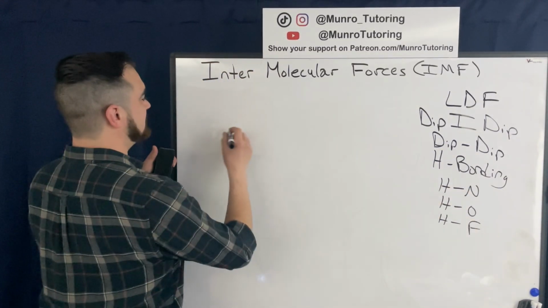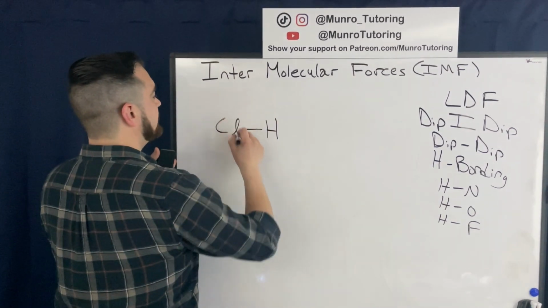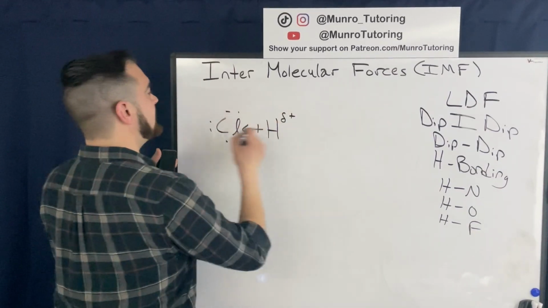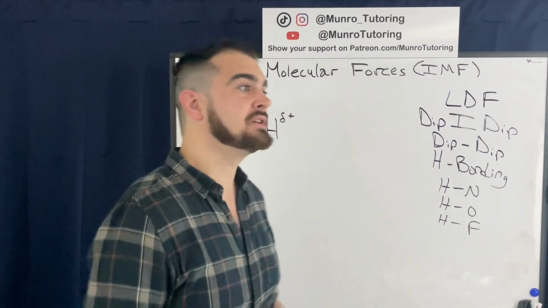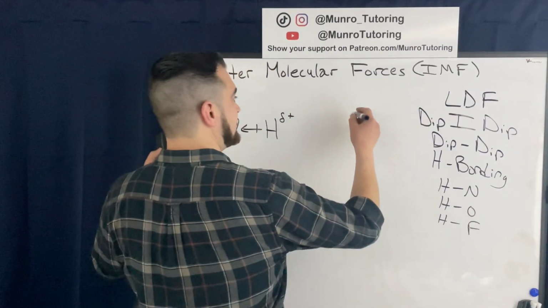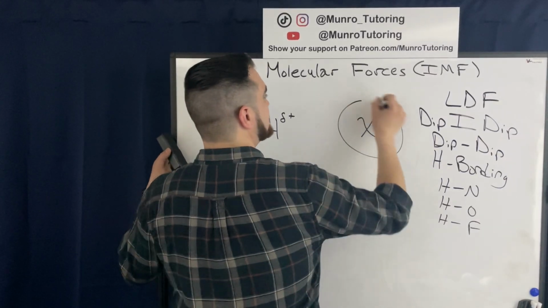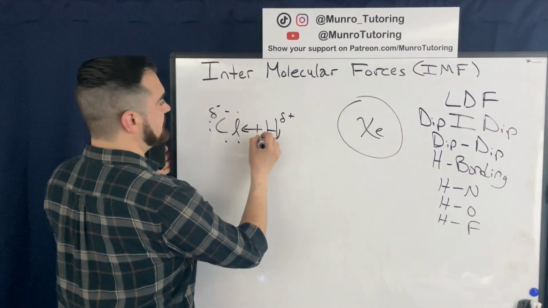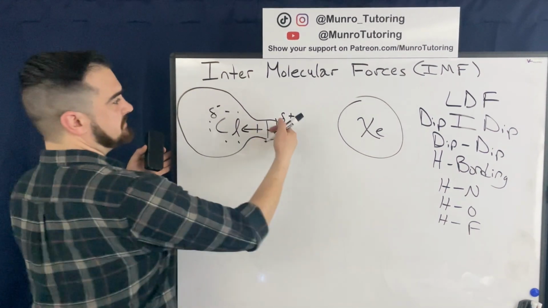And so if we have a molecule like, let's just say HCl, and I want to draw it this way for some reason, and we have the electrons going over there, so we have a partially positive hydrogen, a partially negative chlorine, and then let's just say we have a nonpolar molecule, or just an atom. We can use xenon again because it's easier than drawing a molecule to just draw an atom. So let's say this is our electron cloud over here, and then same with the HCl. We kind of have this tiny electron cloud around the hydrogen, and then the electrons are spending more time around the chlorine here, and so this is partially positive.